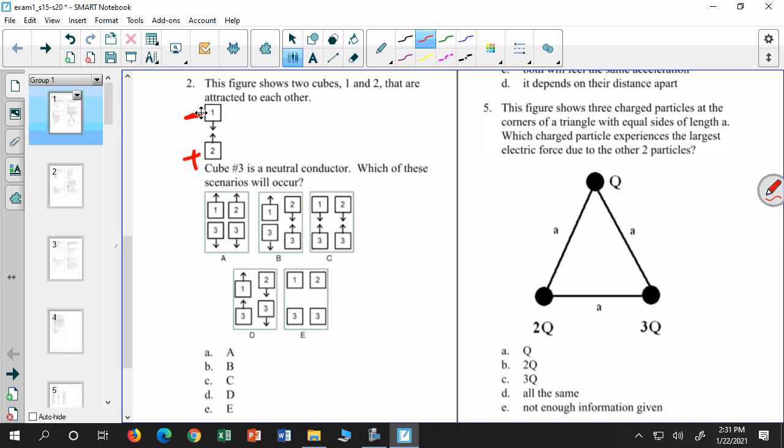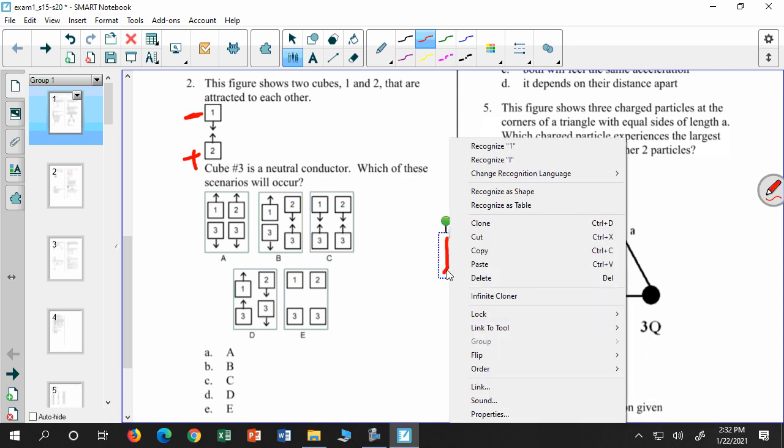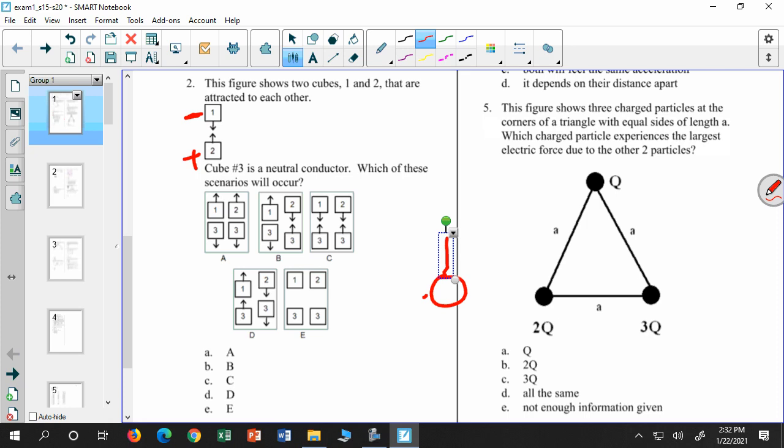Remember we talked about how if I have an object that is a conductor, and I have a charged rod that comes up next to it, then on the conductor I get negative charges over here and positive charges over here. Even though this is neutral, no net charge, I still get an attractive force between these two because I get this polarization of the charges on that conductor. So two things are important.